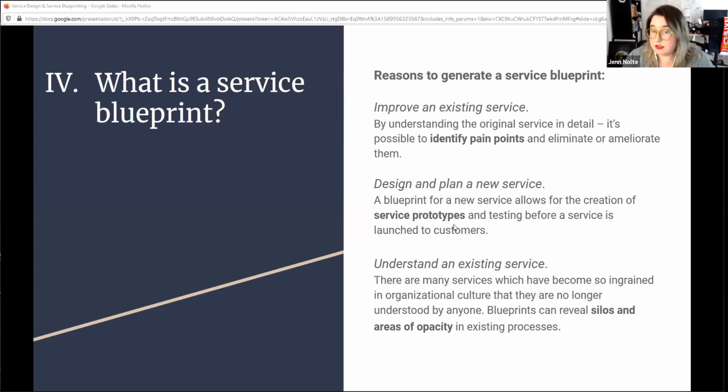There are many services that have become so ingrained in organizational culture that they're no longer understood by anyone. They're just sort of accepted as something that we do. And blueprints can reveal silos and areas of opacity in existing processes that could maybe be reimagined or rethought.